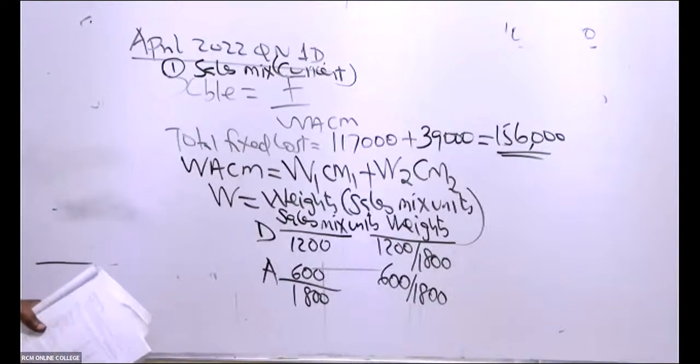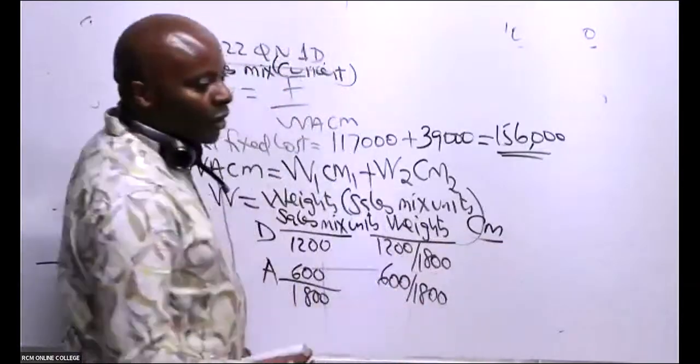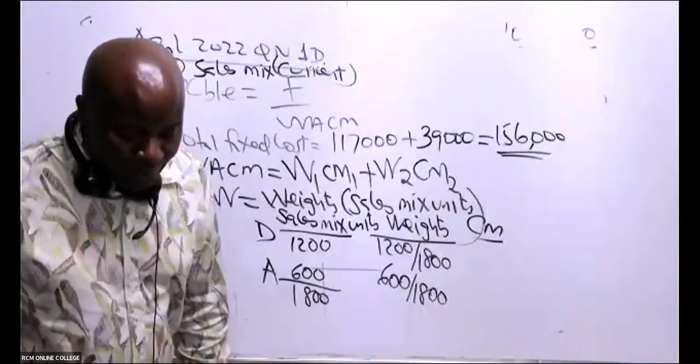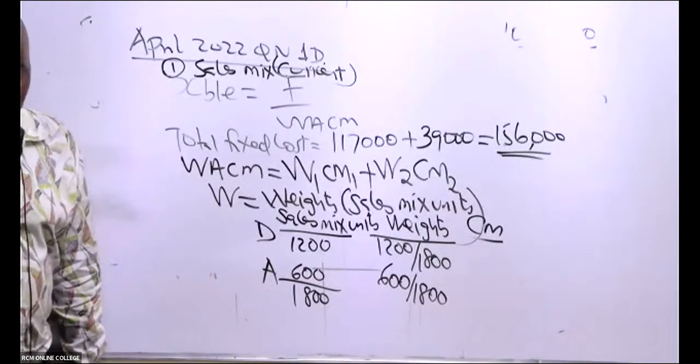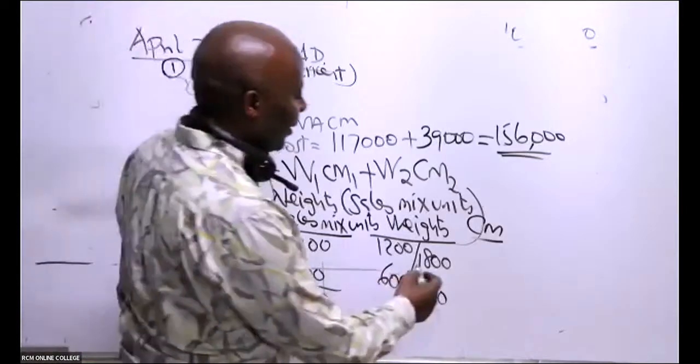So then, we have the contribution margins. Fortunately, in this question, the examiner was gracious enough to give us the unit contribution. Are you able to see the unit contributions in the question? 150 and 90.